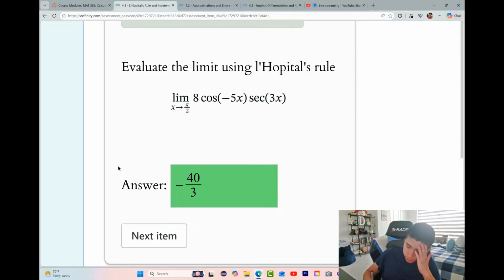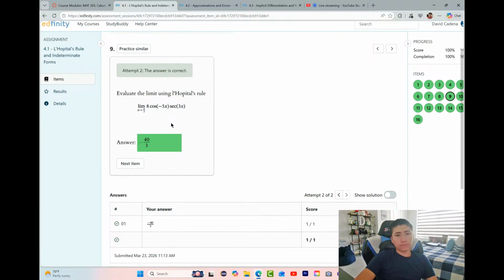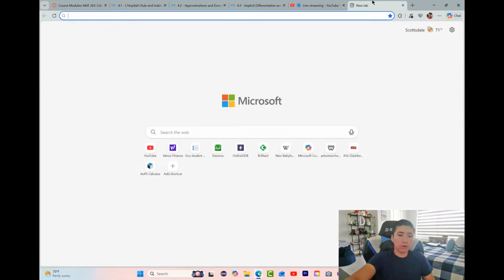This equals 2. So replacing, hold on, wait. How do we get an indeterminate form though? If we replace pi halves, well, cosine of negative 5 pi halves, here, let's pull up the unit circle.